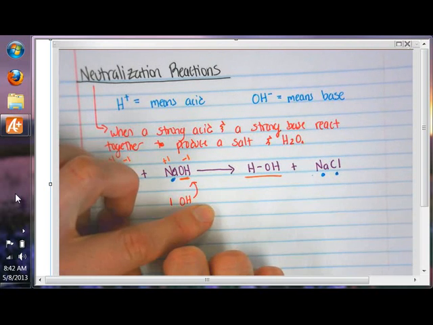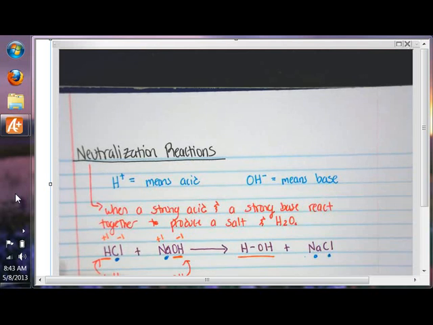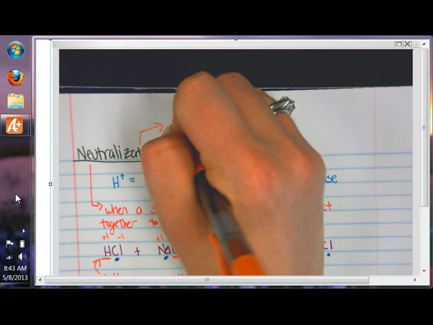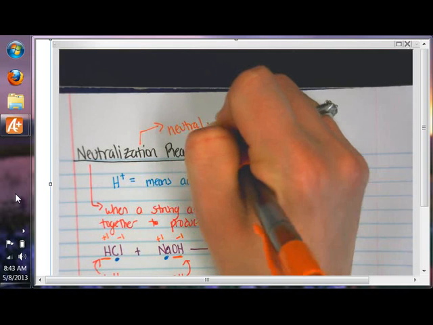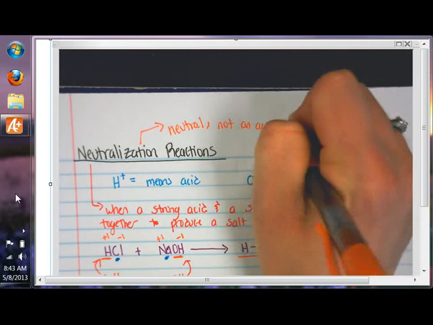And I end up getting something that is neutral. And once again, neutral, that means not an acid or base. The pH should be 7.